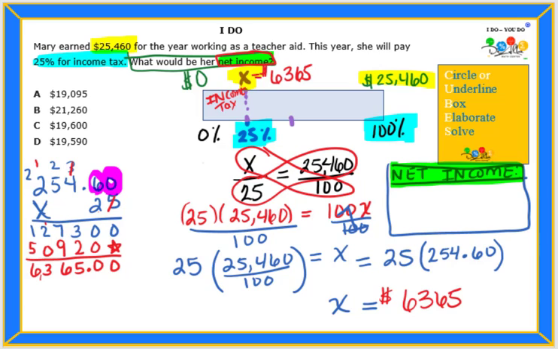So to find the net income, what we have to do is subtract. So we have 25,460. That was the income. And then the taxes was 6,365.